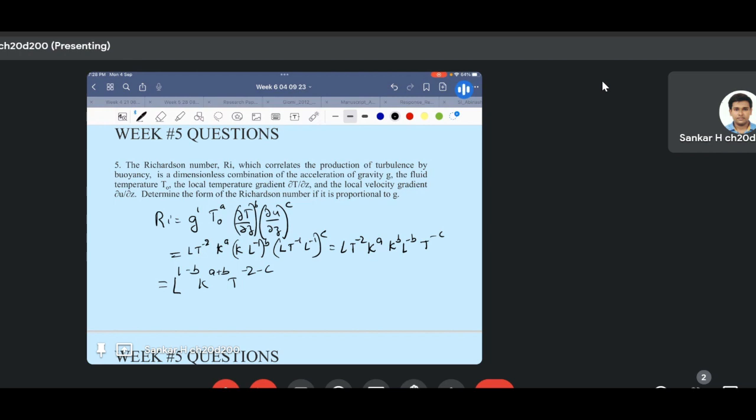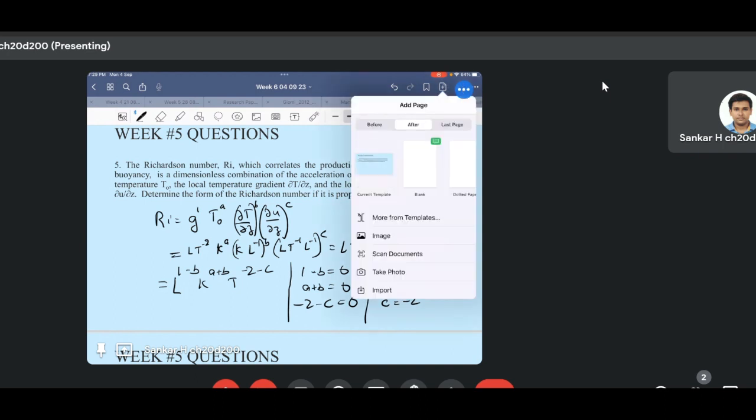Therefore, we have to solve the following equations. 1 minus B is equal to 0, A plus B is equal to 0, minus 2 minus C should be equal to 0. And from here we'll get B is equal to 1, A is equal to minus 1, C is equal to minus 2.